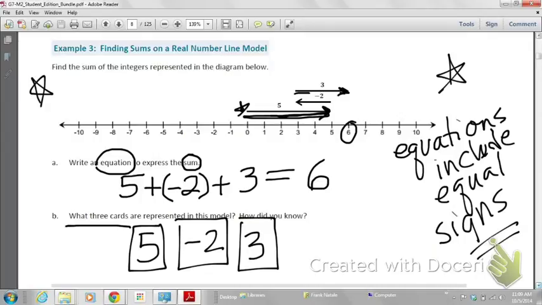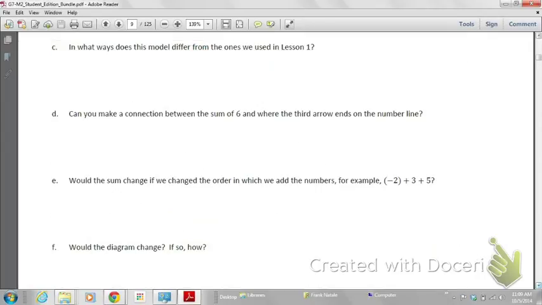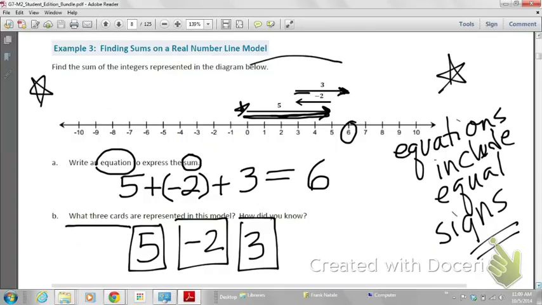Alrighty. So C asks, in what ways does this model differ from the ones we used in lesson 1? When we refer to this model, we're talking about the vector model with the arrows.